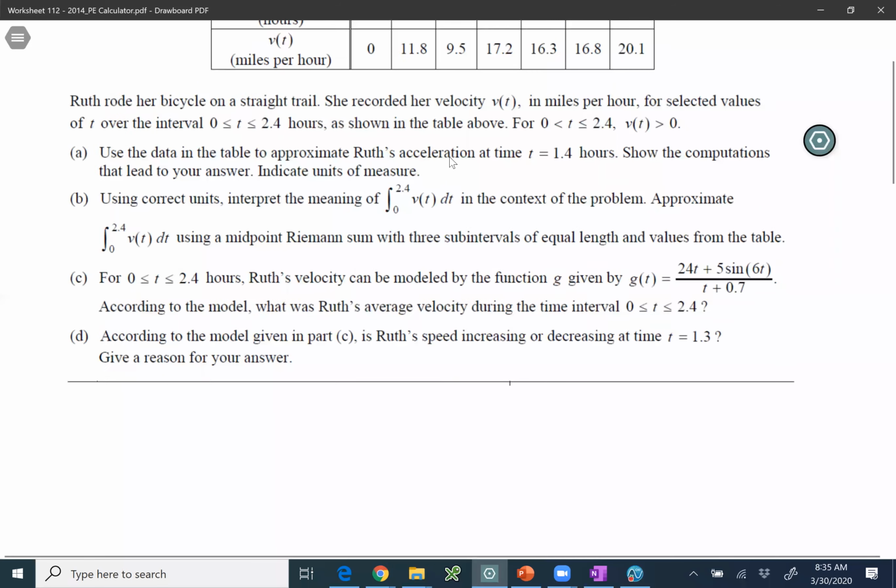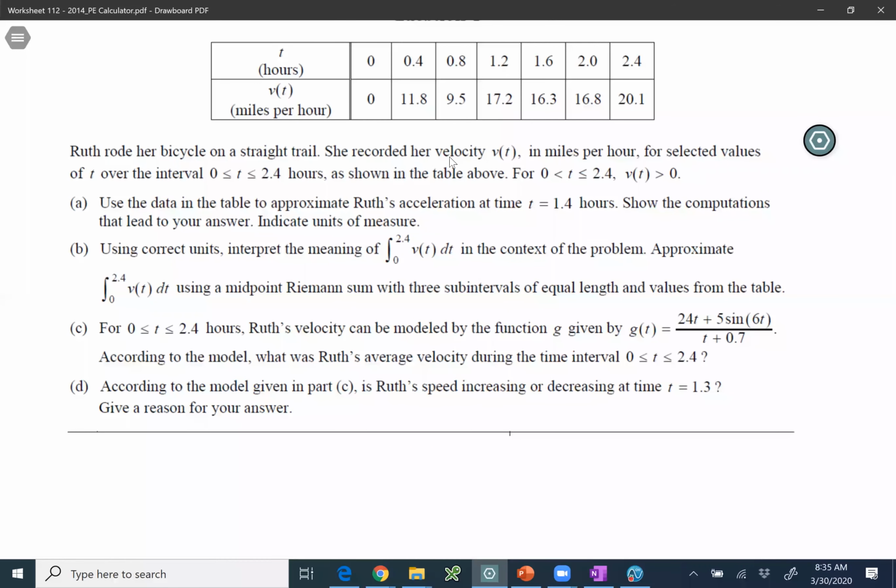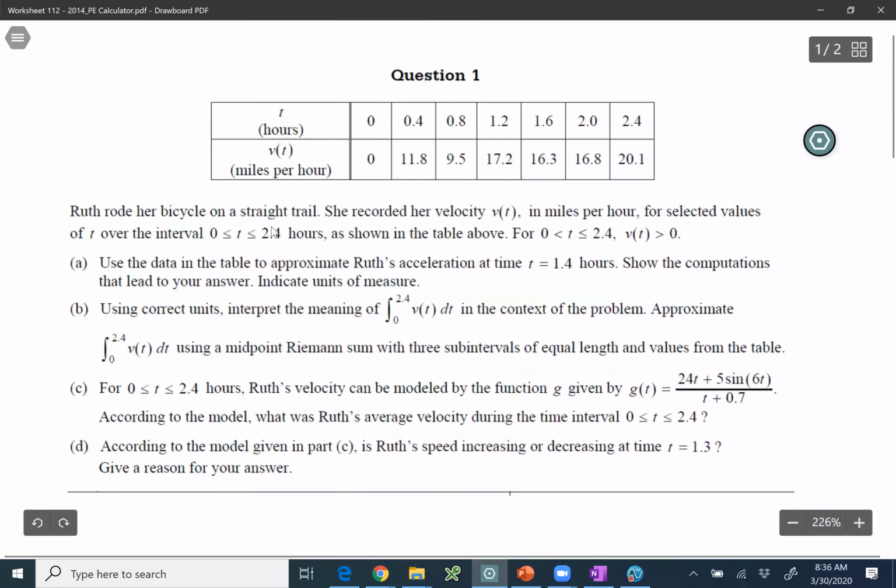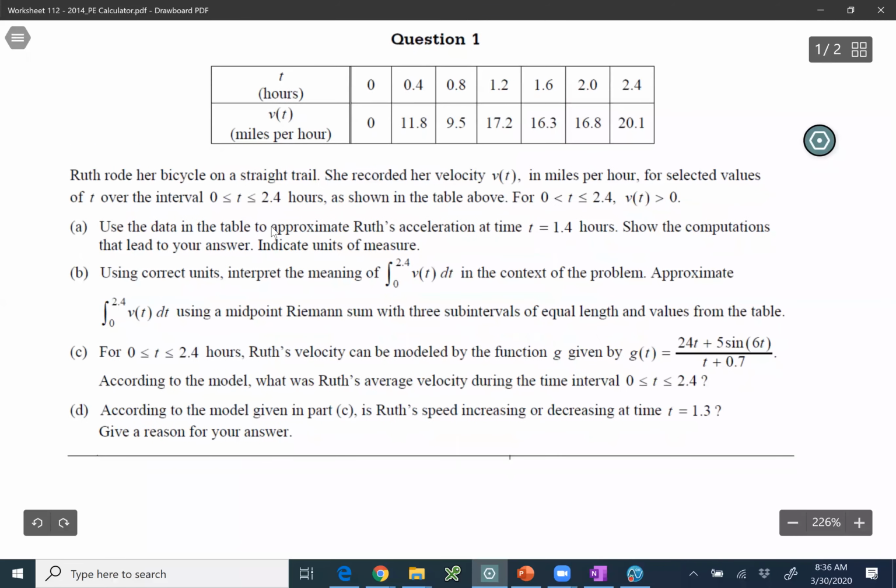So let's read through this first question. This first question was from the 2014 exam. And so it gives us a table. As soon as we see the table, usually we're thinking that we're going to have a Riemann sum somewhere is a good guess.